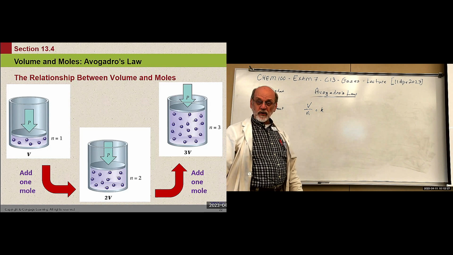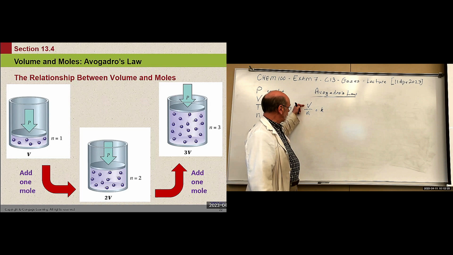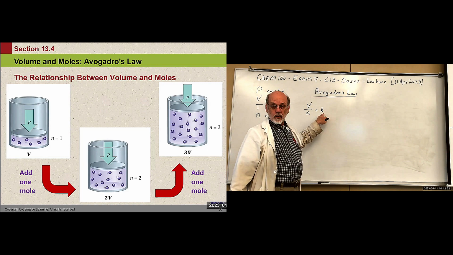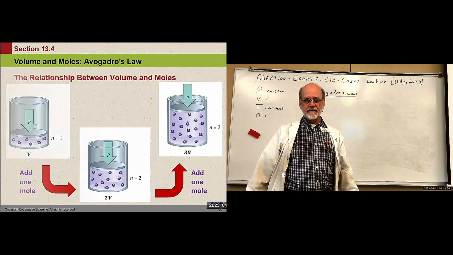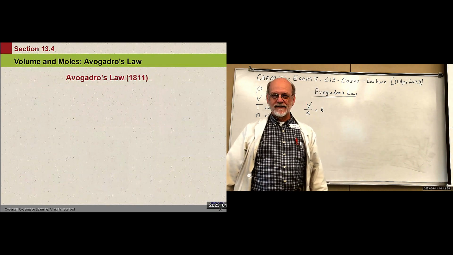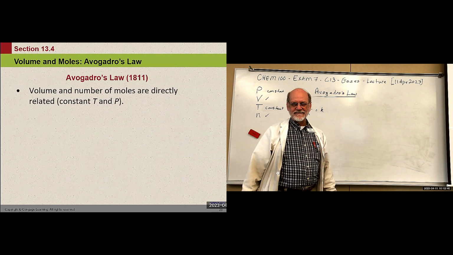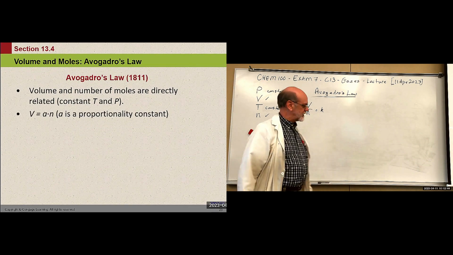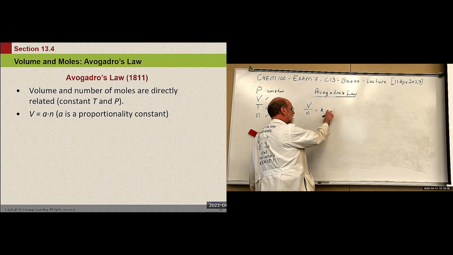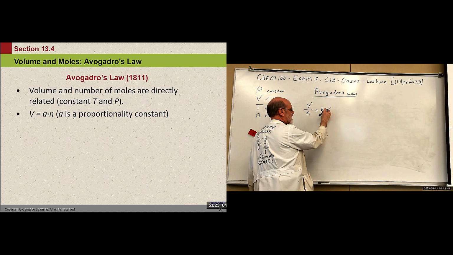So we have a direct proportion. As this one goes up, that one goes up, and the quotient equals a constant. All right, that's another way to write it. Just move this one over here. Volume equals constant times moles.